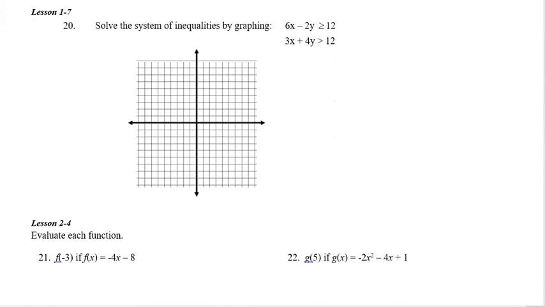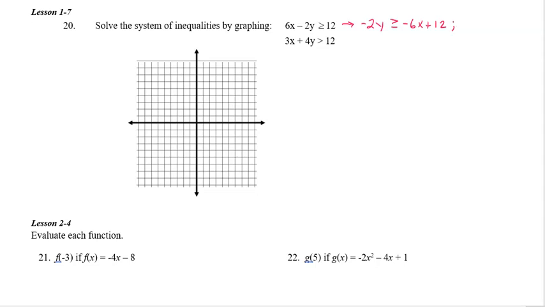Number 20 is solving a system of inequalities. And to do that, we're going to need to solve both of these for y. So I'll just do that horizontally going this way. So to solve for y, I need to subtract 6x from both sides. So my first move was to subtract 6x.